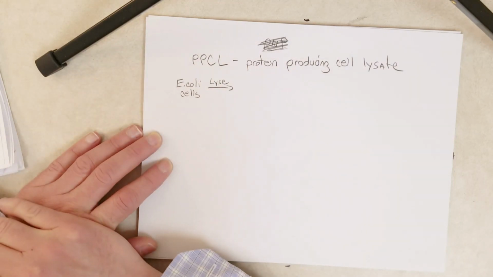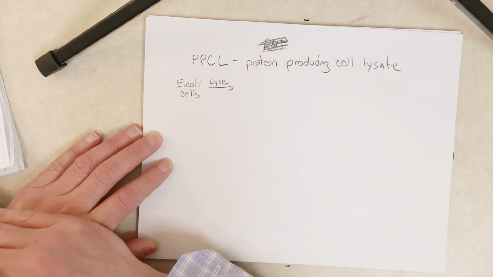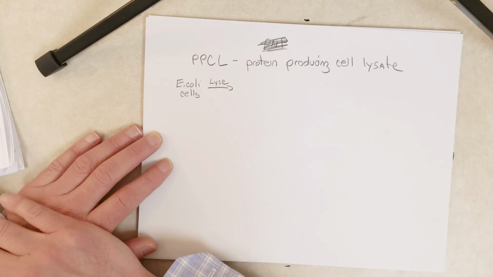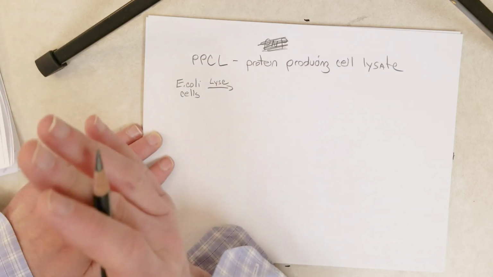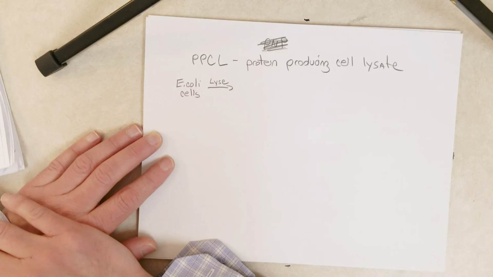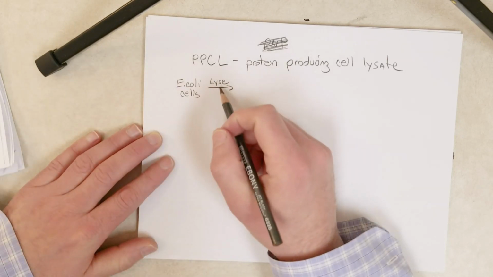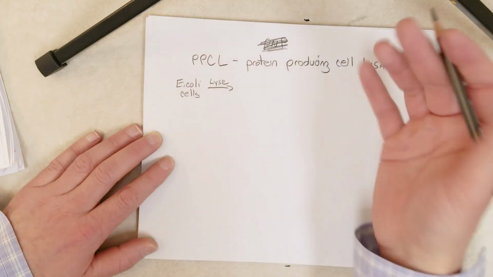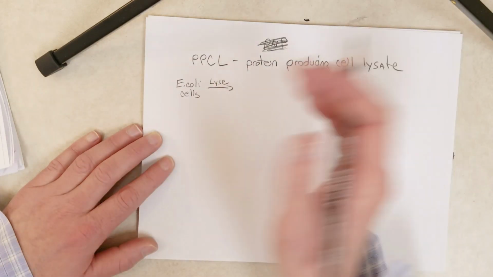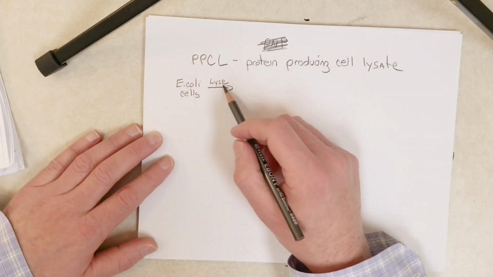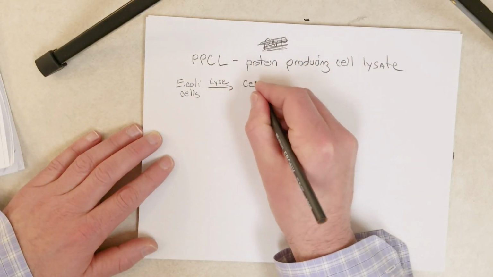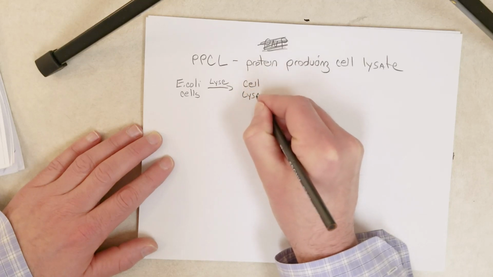So break open the cells and release the cytoplasm and all the organelles in the cytoplasm. Organelles, I don't know if I can use that word right. I forget the details on some of these terms. So lyse the cells, and the ribosomes and the transfer RNAs, the DNA, everything will be spilled out with the cell lysate.